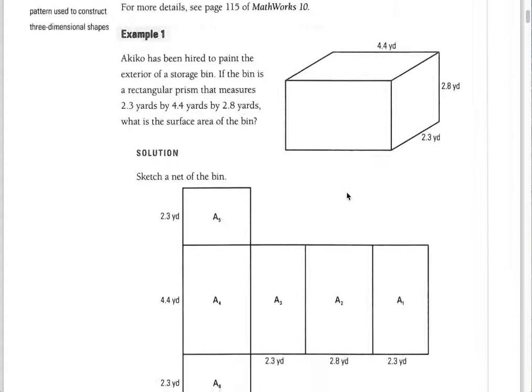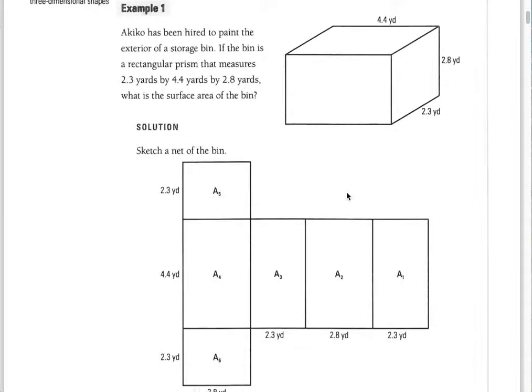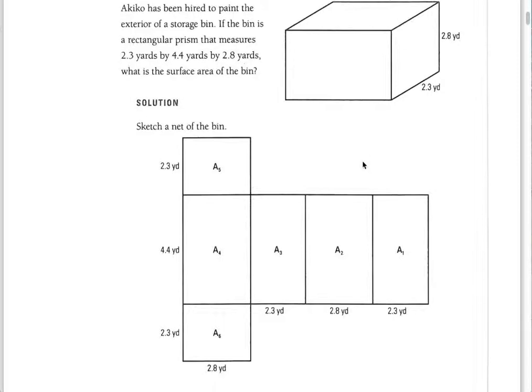This particular one, example 1 here, is a bin that's 4.4 yards in length, 2.3 deep and 2.8 yards high. If we broke all the sides down, the dimensions would be given here, as you can see in this diagram, for the 6 surfaces.